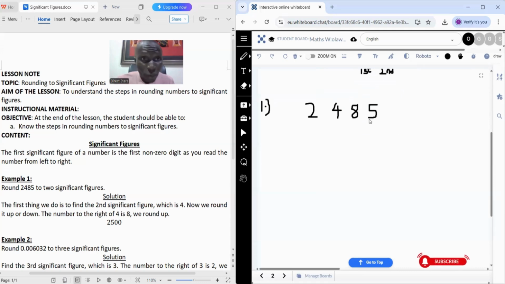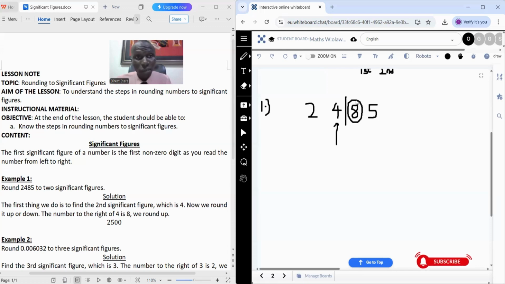If you look at it, 2 is the first significant figure, so this 4 is the second significant figure, as we're asked to round it to 2 significant figures. Then the next thing we're going to do is to put a bar just after the second significant figure. Then the number to the right of 4, which is 8, you're going to look at this 8.